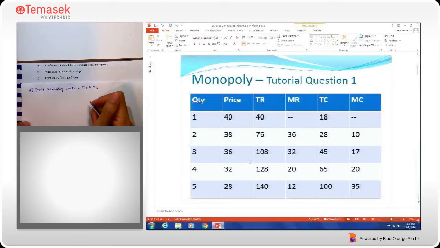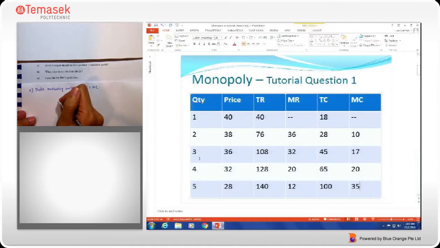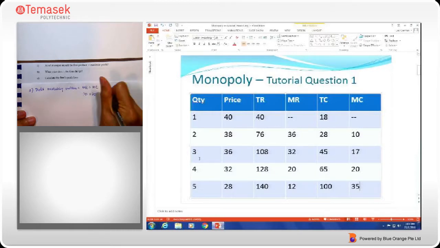Looking at the table, look for where your MR is equal to your MC. MR is equal to MC at quantity 4. So the output at quantity 4 will give you profit maximization. So MR 20 is equal to MC 20 at quantity 4.